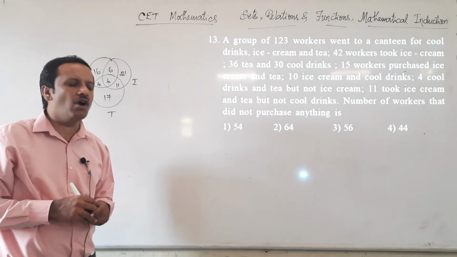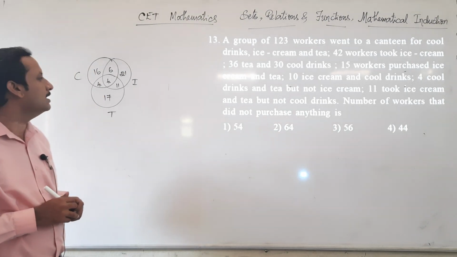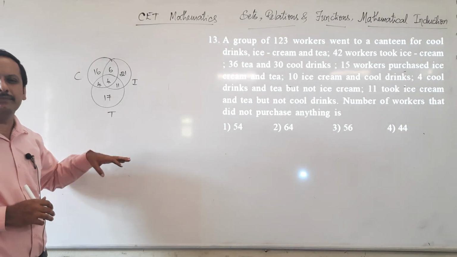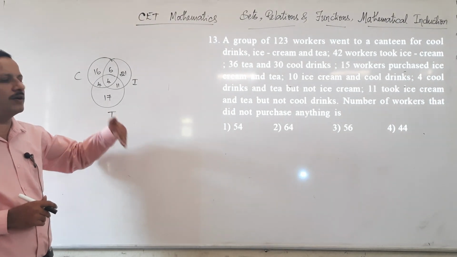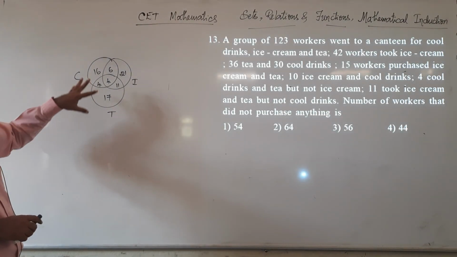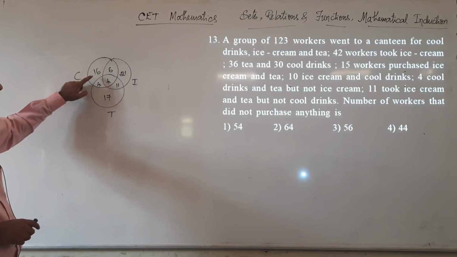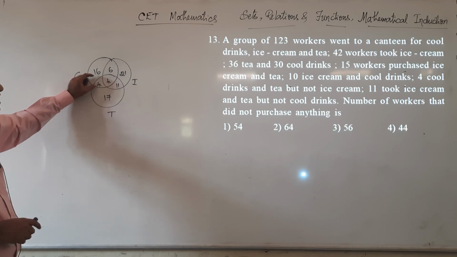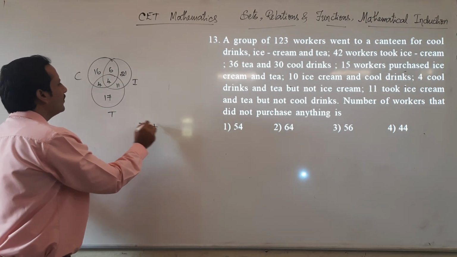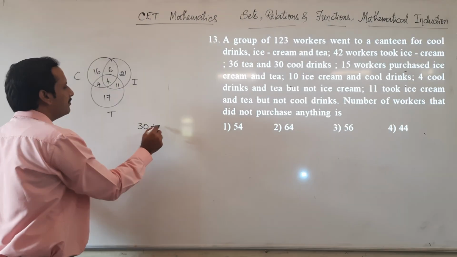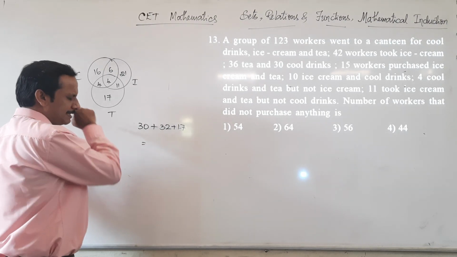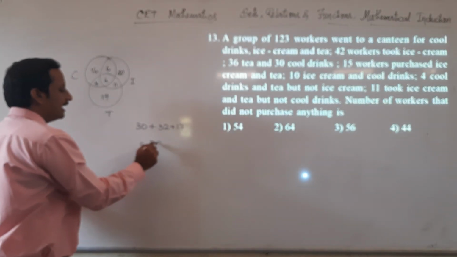Now we have to find out how many did not purchase anything. So what do we do? Add this sum. Then that sum should be subtracted from the total number of workers. Total is 123. So add this sum. 20 plus 10, 30 plus 21 plus 11 is 32 plus 17. 62 plus 17, 79.